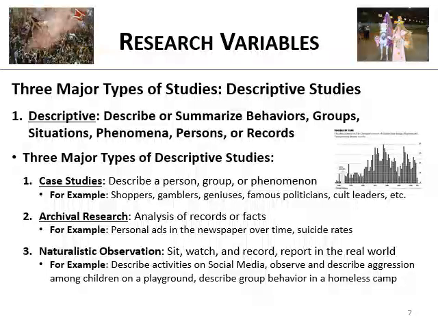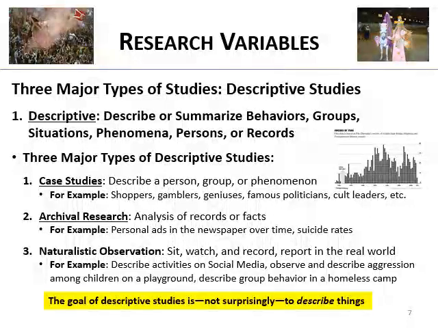But the naturalistic piece of this is that you're out in the real world, so you're in nature, observing things. Again, one of those titles that means exactly what it sounds like it means. So the goal of all descriptive studies, including all three types, is, not surprisingly, to describe things.